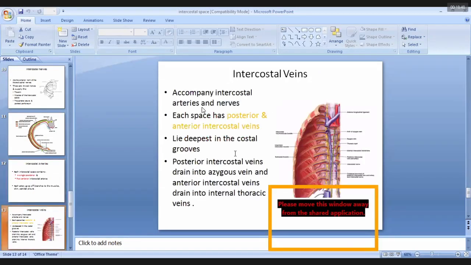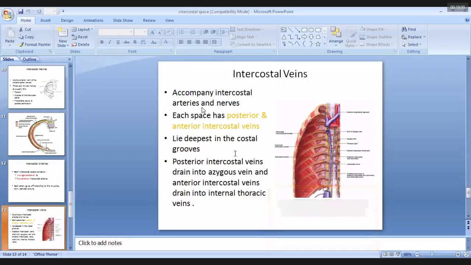Then the intercostal veins correspond to the intercostal arteries. So there are posterior intercostal veins and anterior intercostal veins. These veins are the deepest structure in the costal groove and the subcostal groove.